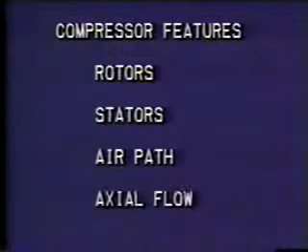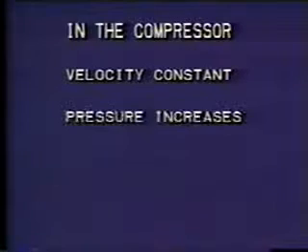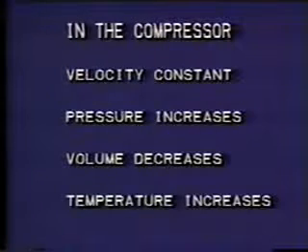Here's a brief review of what you've learned. The basic features of the compressor include rotors, rows of moving blades; stators, rows of stationary blades; air path, decreasing size forward to aft; axial flow, airflow parallel to the compressor rotor axis.